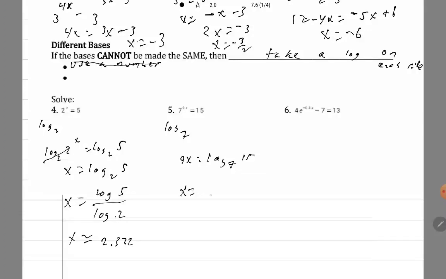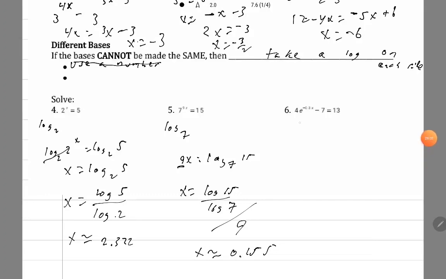So x is going to equal log of 15 over log of 7, and we're dividing all that by 9. Yeah, this 9 here. So we'll get, I don't know, 0.155 about.